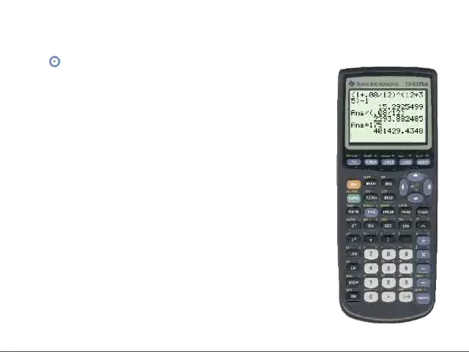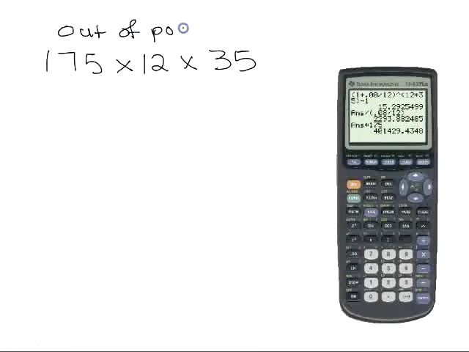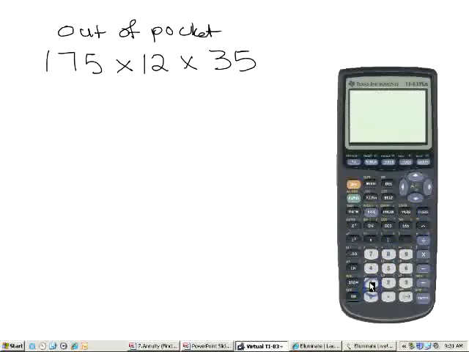Well, Sue made payments of $175 a month, 12 times a year, for 35 years. So this is her out-of-pocket: $175 a month times 12 months times 35 years.